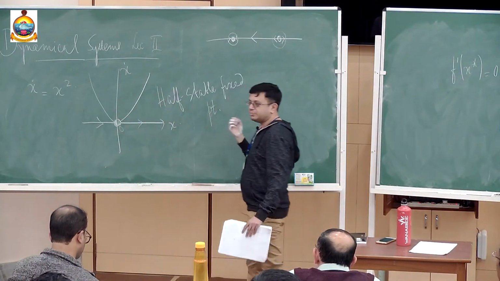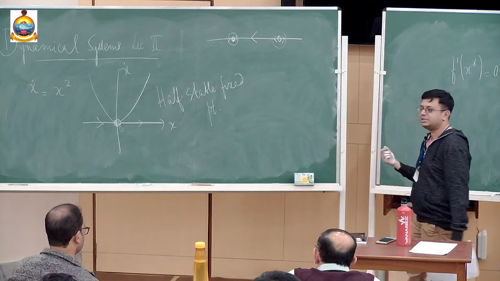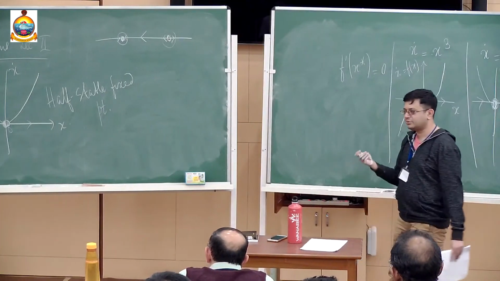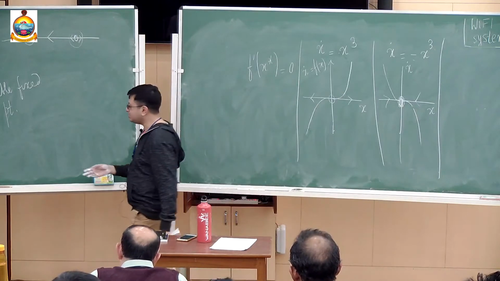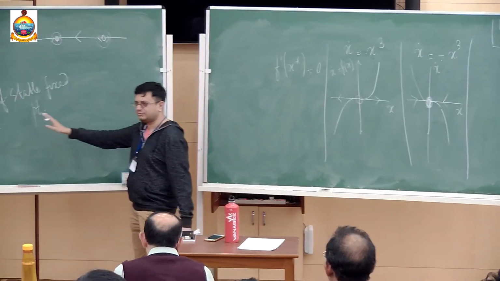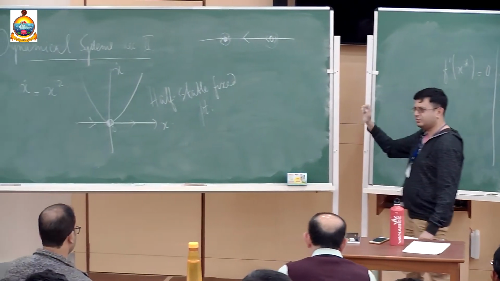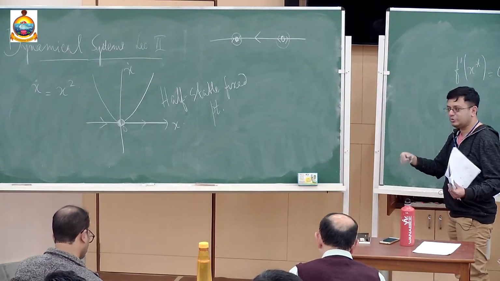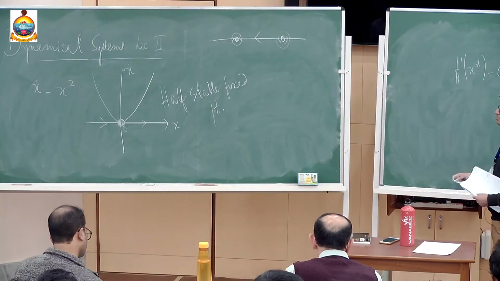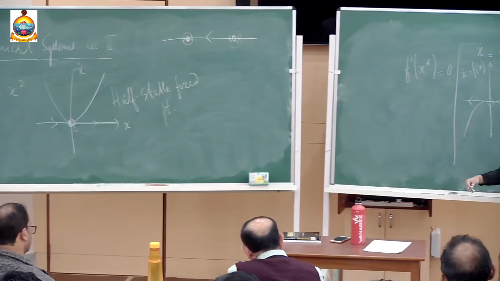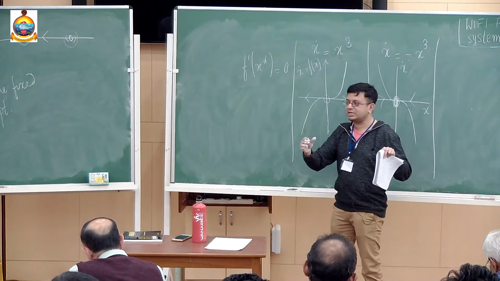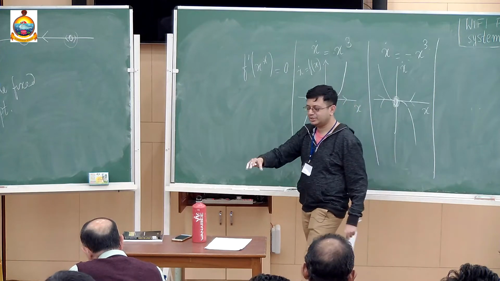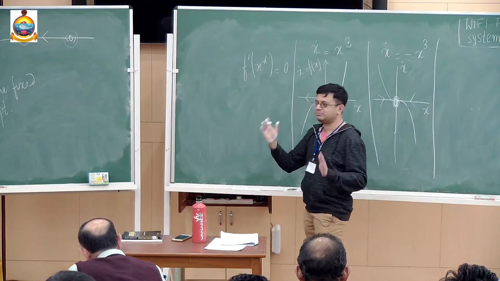So I use these examples to show that linearization is not always going to work. If you don't have a linear term in the expansion, it's not always going to work, but plotting is definitely going to work. If you just plot those functions, you know where the roots are, and you know also from these examples that a stable fixed point must be followed by an unstable fixed point. So stable and unstable fixed points must alternate.